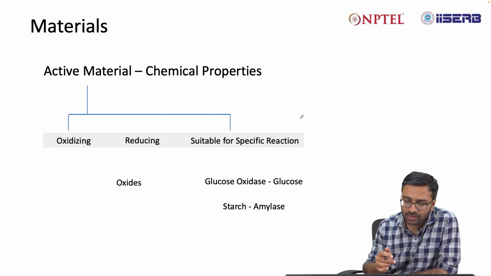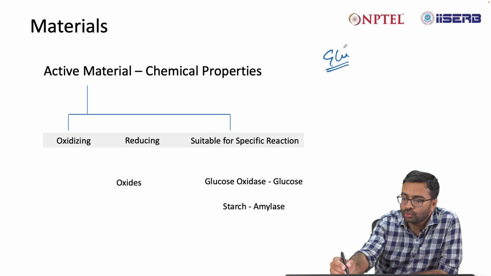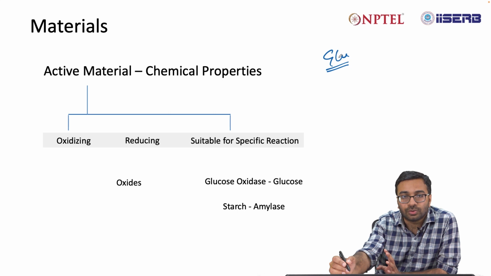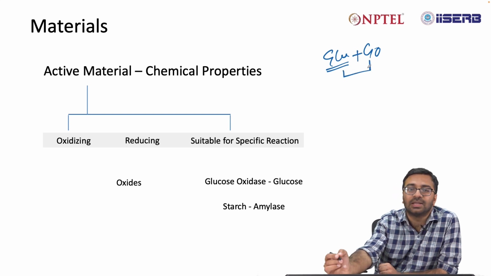To give you an example, say you want to detect glucose. To detect glucose you need to take the help of a very specific reaction which only happens with glucose. And glucose oxidase, these two materials react very specifically.